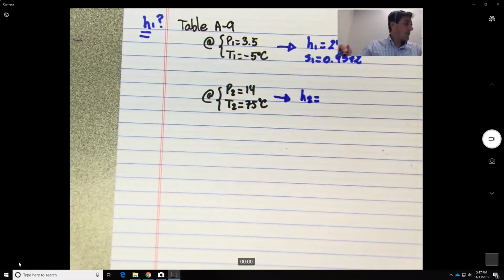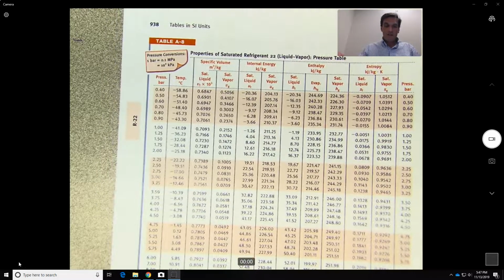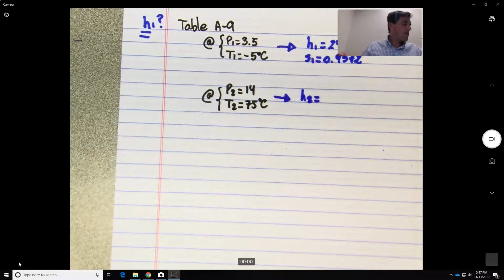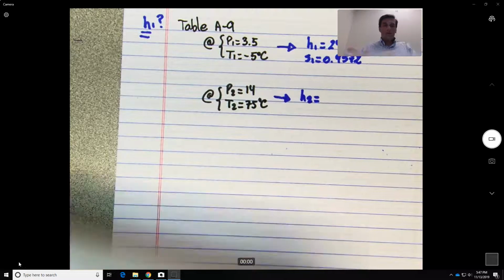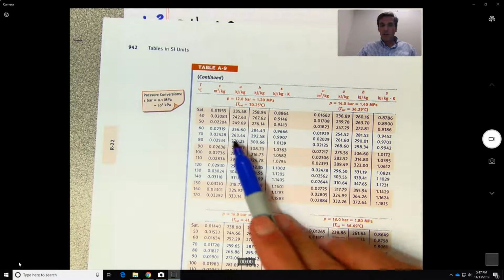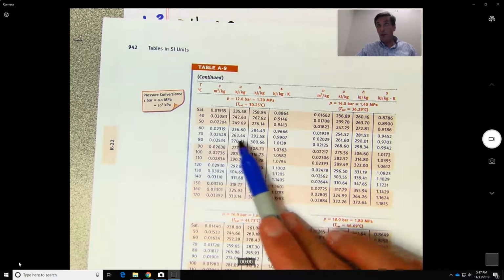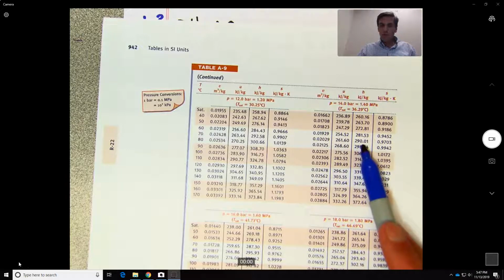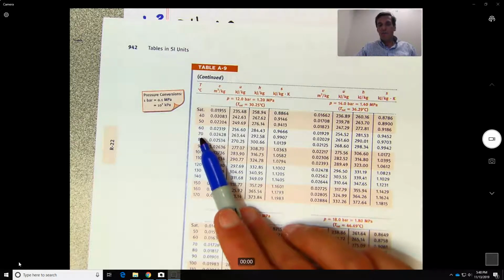At 14, we don't have 75, but we have 70, where H is 290.01 and 80, 298.34. So we can just add these two and divide by 2, and that should give us the value of the enthalpy at 75.